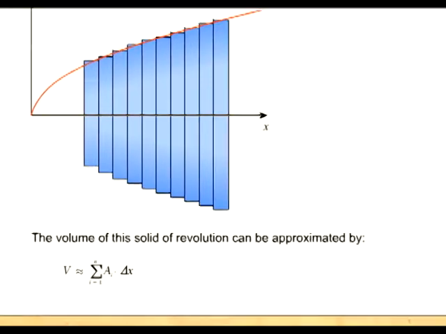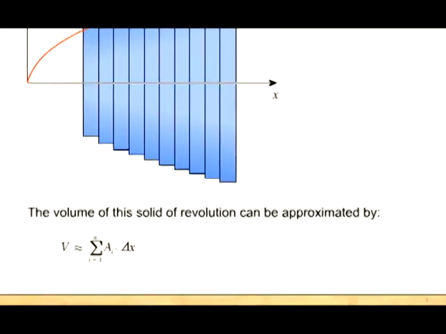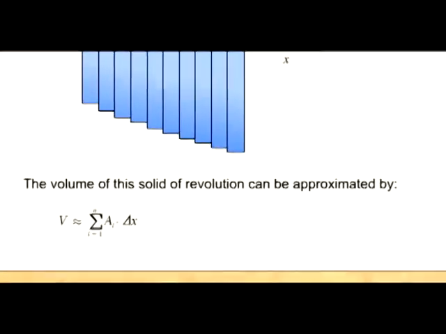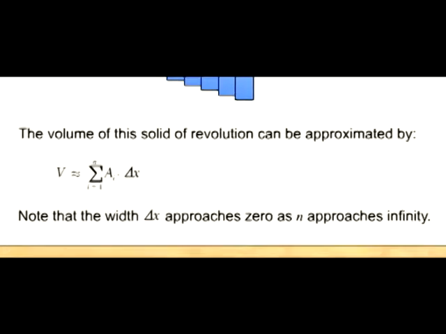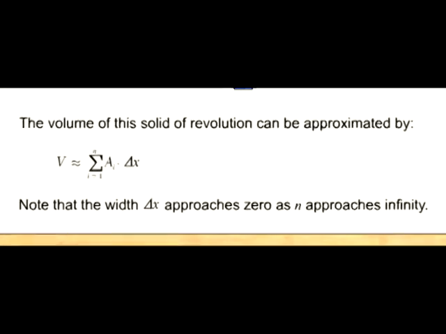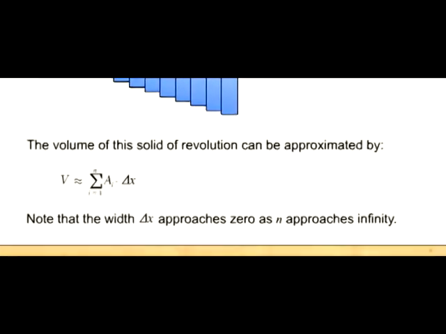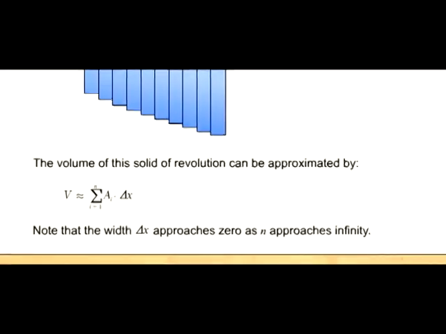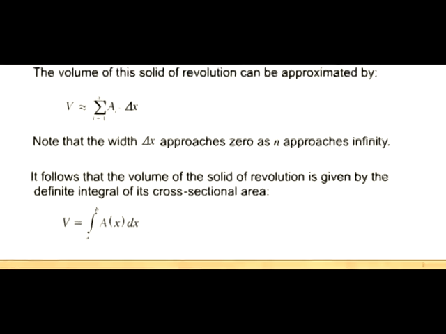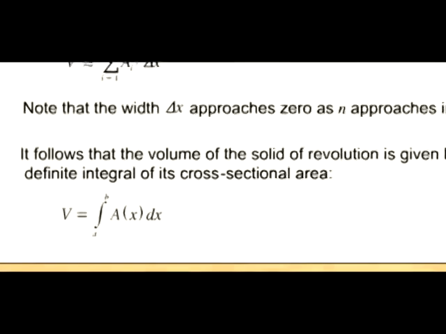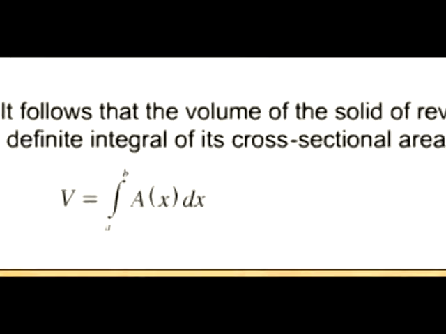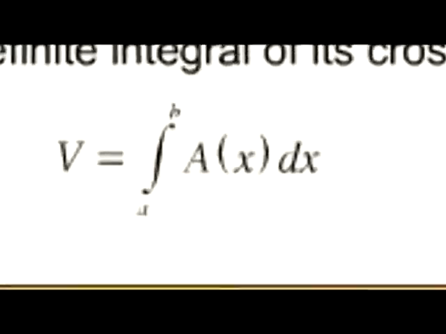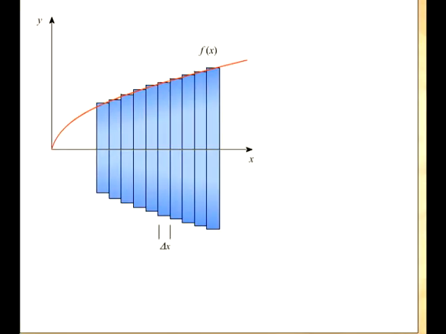And as you know from previous work, you always make delta x go towards zero, and this makes the length really small, and eventually you can add up the little slabs of circular discs together to get the total volume. And here you can just see that adding the sigma is adding up all the volumes together.